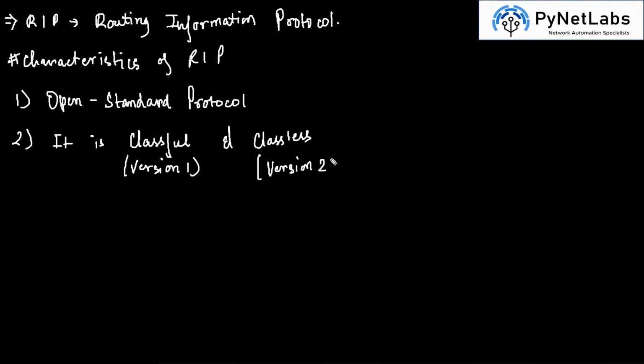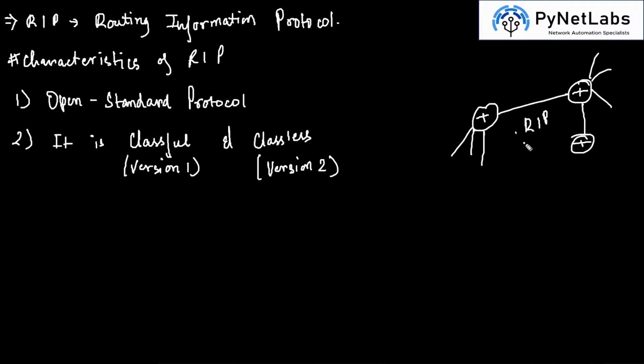So version 1 is classful, which means it doesn't support subnetting. And version 2, which is mostly used, supports subnetting. So if you are willing to do subnetting on a network, let's say which looks like this, and you want to do subnetting on the devices configured with RIP, you have to make sure that you configure it with version 2.